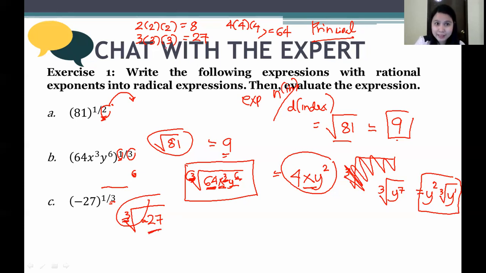You have here, right? 3. But since our radicand is negative, our answer will also be negative. So the answer is negative 3. Any questions?